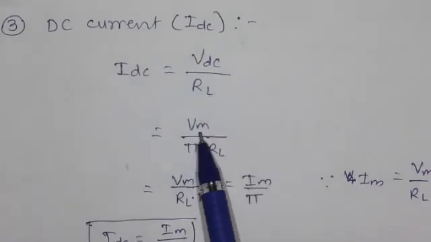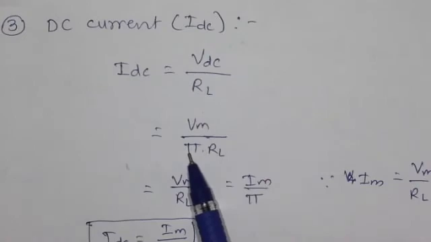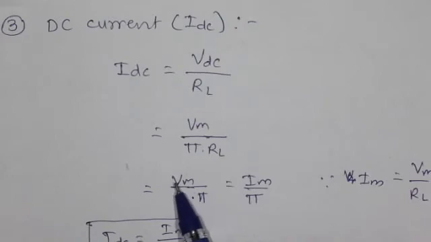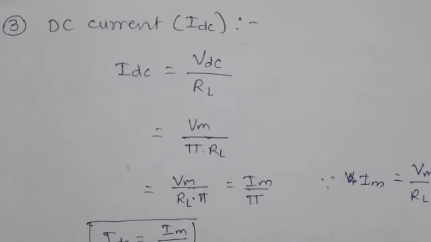What is VDC? It is nothing but Vm upon pi, so Vm upon pi into RL. Now by making Vm upon RL equal to Im, the peak value of current, IDC is Im upon pi, which is equation number 3.